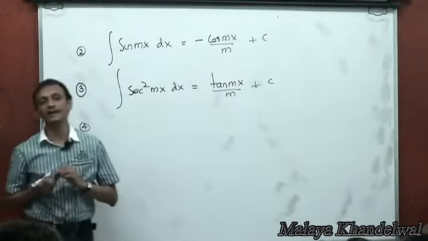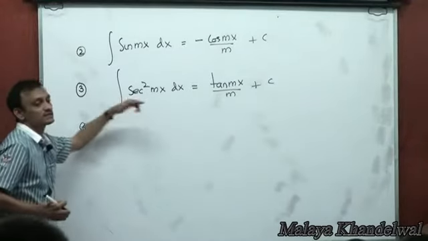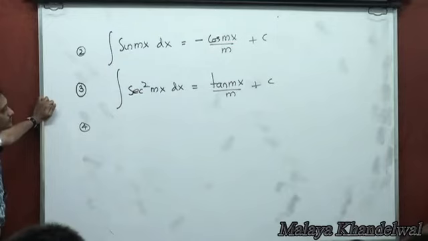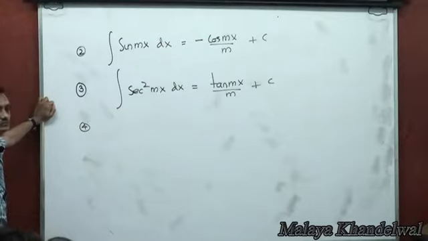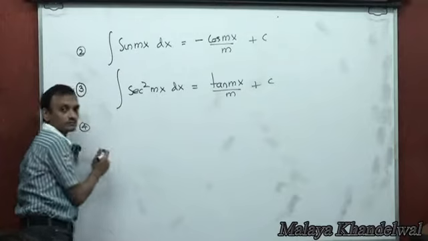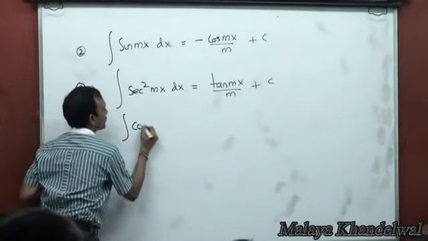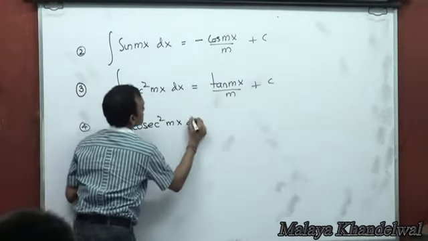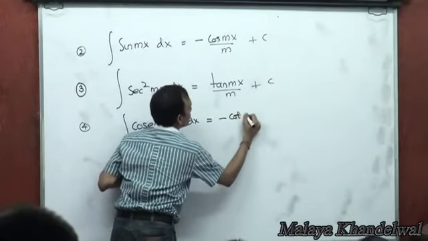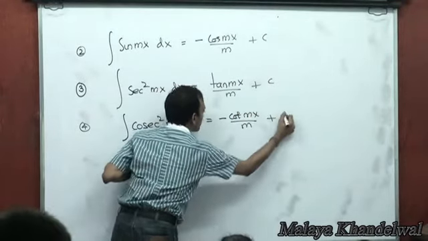Differentiate the right hand side with respect to x and see if you are getting sec squared mx. And once you've checked this, check this one also. Integral cosec squared mx dx is minus cot mx by m plus c.